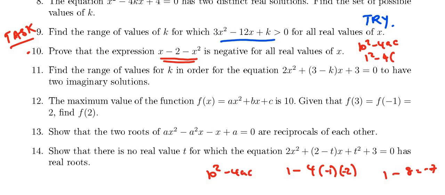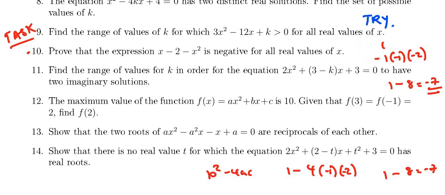Your A is negative 1, then your C is negative 2. If you try to punch this, this would just give you 8. This is landing us to negative 7. So you notice that we're getting a negative 7, which is less than 0. So this is always going to be negative for all values of what? Of x.